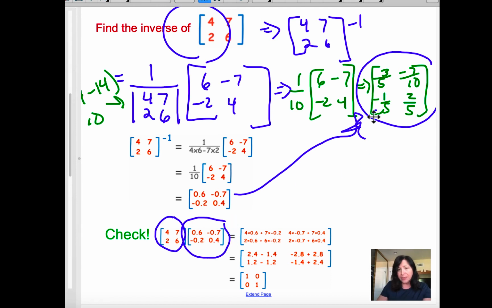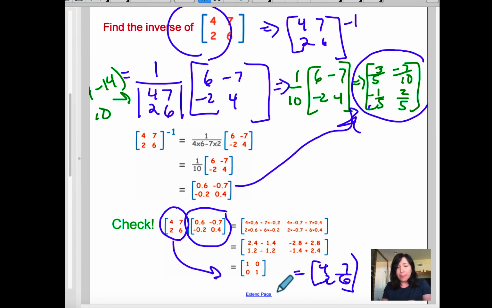That's a 2 by 2 times a 2 by 2, and as you multiply, it's going to give you the identity matrix, which is 1001. We did this problem before where we multiplied by the identity matrix and ended up getting the same value, 4276. You get the same value if you just multiply by the identity. But if you multiply the original matrix by its inverse, you should get the identity.